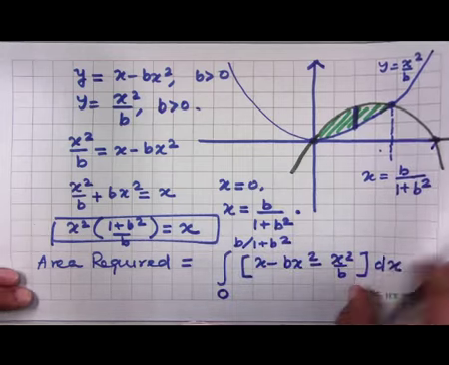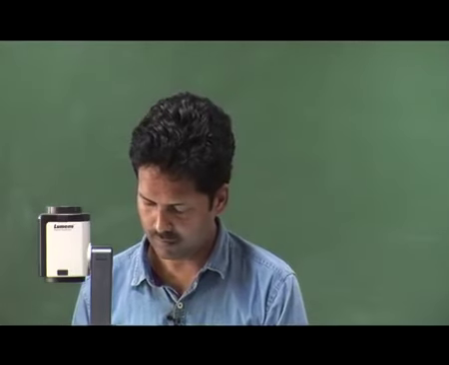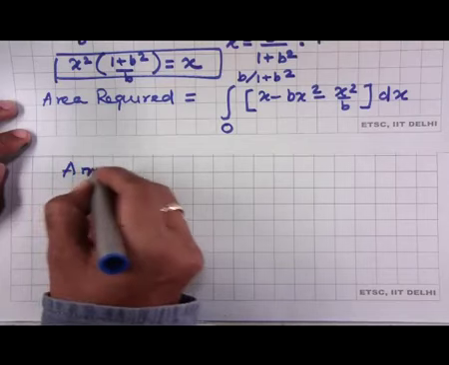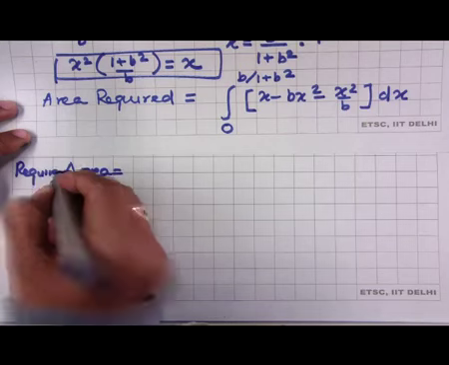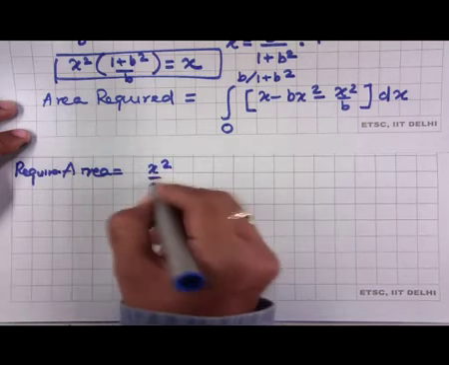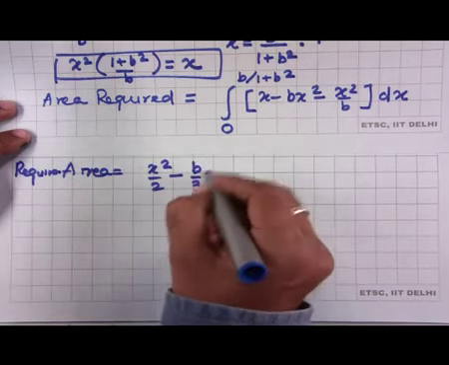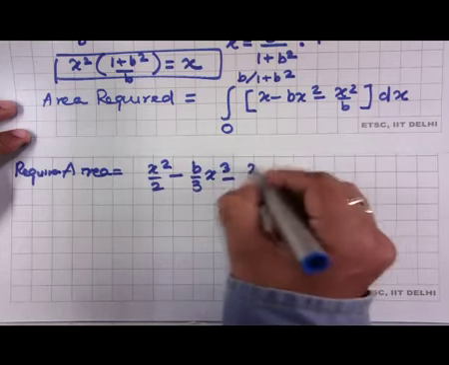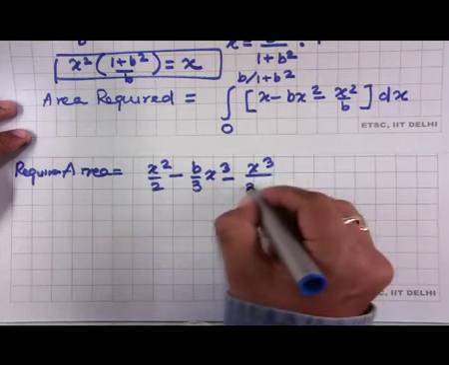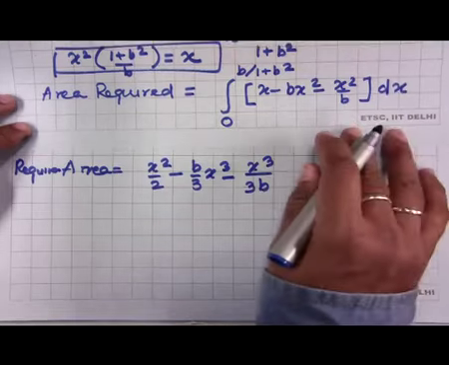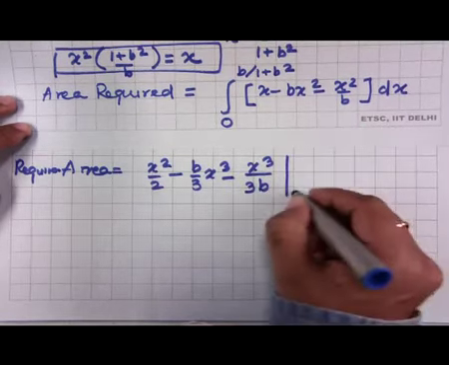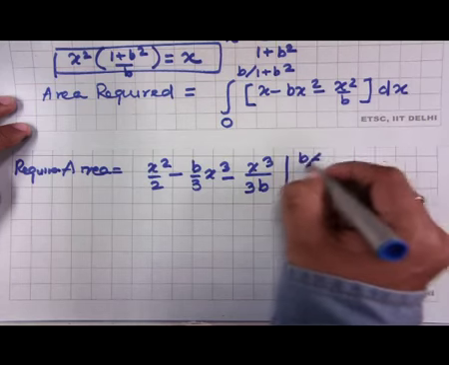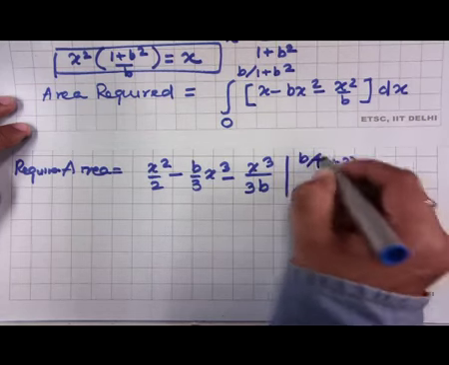Let us integrate this. So, required area is x square by 2 minus b by 3 x cube minus x cube by 3b, from 0 to b upon 1 plus b square.